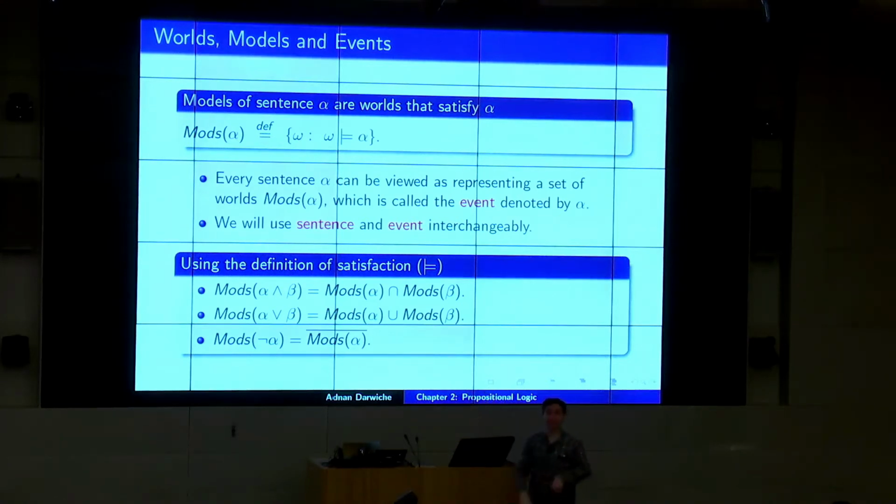Together with these equations, you can find the models of any complex sentence, correct? You basically use this recursively, and eventually you end up with variables, and you pull their things. So in fact, you already have a simple procedure, very simple to implement, that will allow you to find the models of any particular sentence very easily, using these equations and the boundary conditions of what worlds make certain variables true.